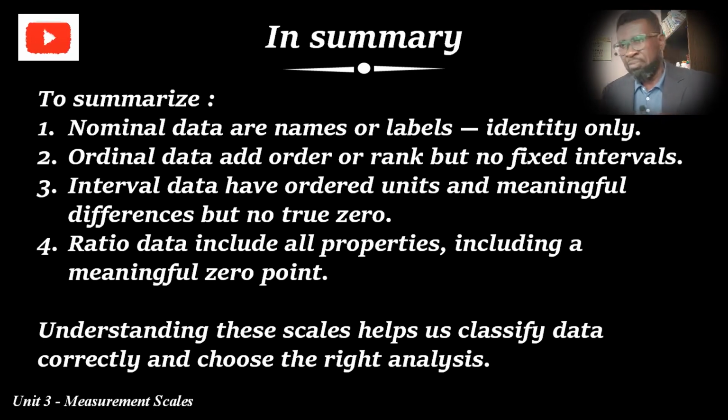Interval data have ordered units and meaningful differences, but no true zero. Ratio data include all the properties, including the meaningful 0 point. Understanding these scales helps us classify data correctly and choose the right analysis for them.